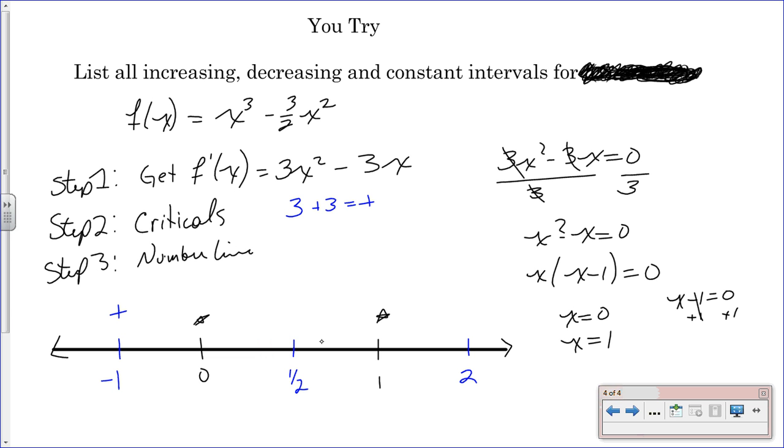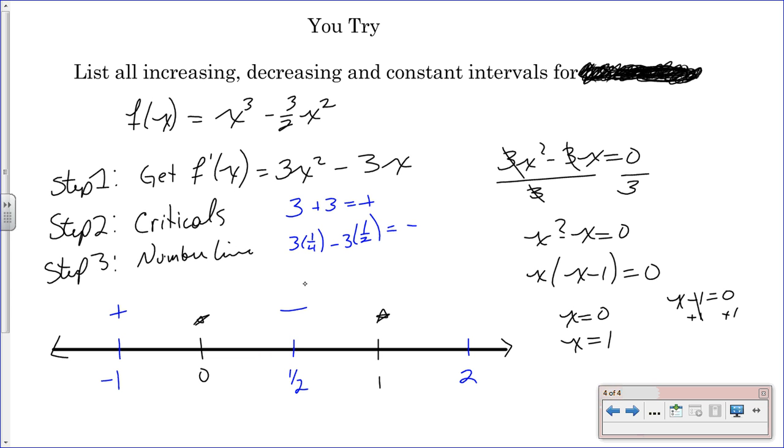Let's put in 1/2. You plug in 1/2, you get 1/2 squared, which is 1/4, times 3, minus 3 times 1/2. Here, 3 times 1/2 is going to be bigger than 3 times 1/4, so that's going to give us a negative number.